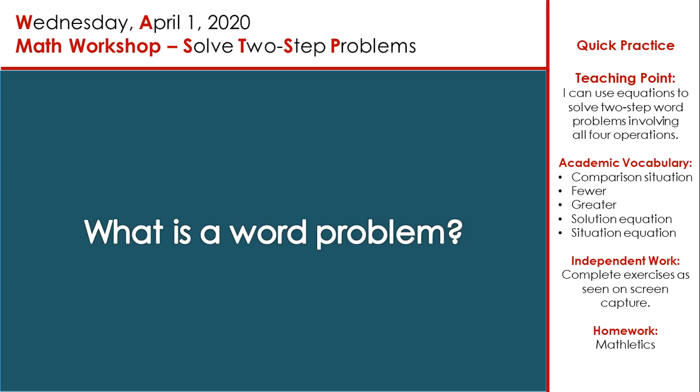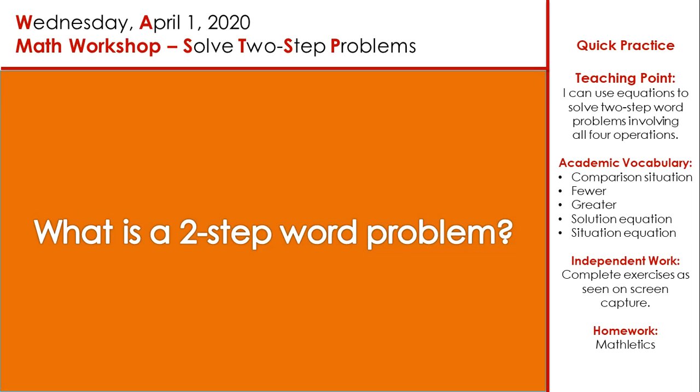Knowing this, I think we're ready to move on to a two-step word problem. As we saw before, with the word problems that we have practiced so far, we have made use of only one equation to come up with an answer. In this case, it's a little bit different, as its name might suggest.